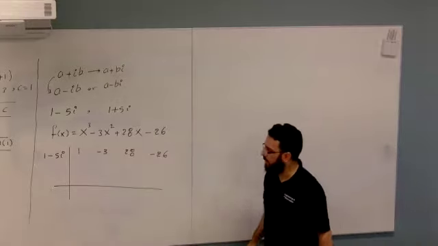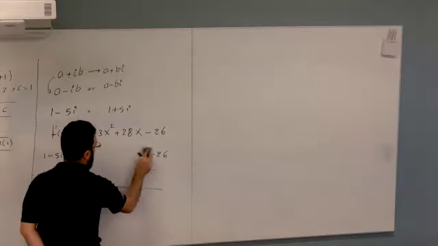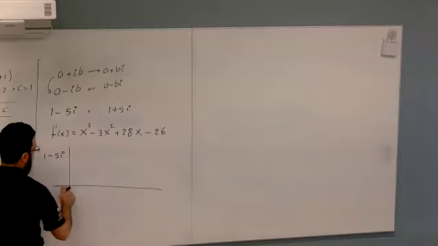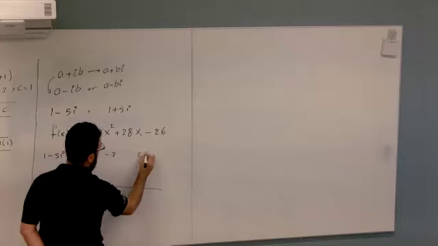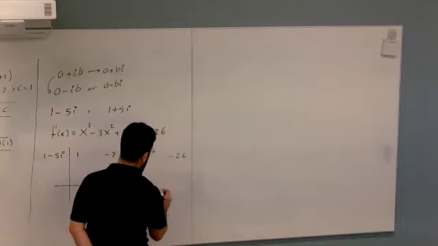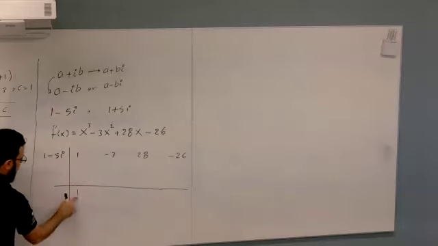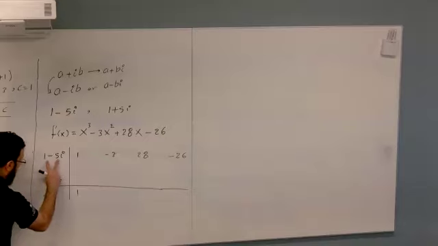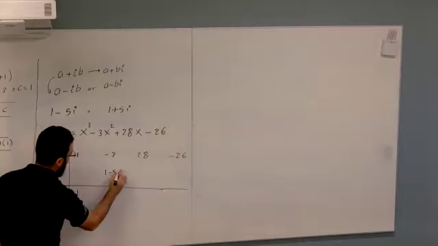And be careful here, kind of space. 1, -3, 28, and -26. Okay, let's start. Write down the first number. The whole thing here times 1. 1 minus 5i. Is that okay?